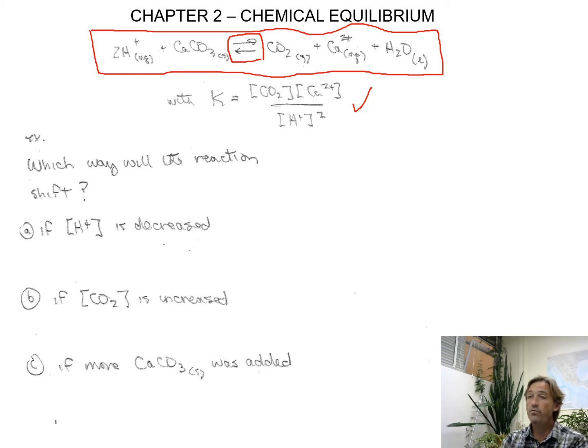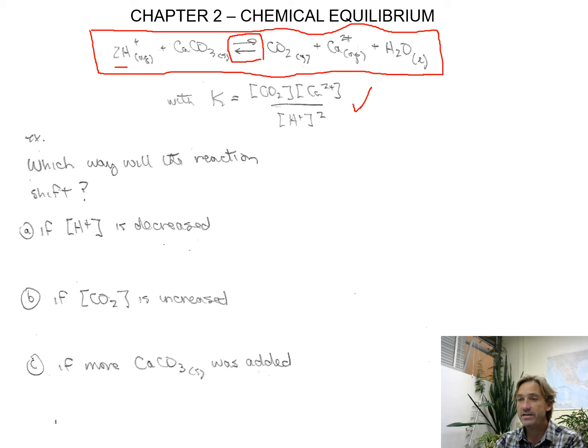So if we neutralize some of the acid here and take it out of the system, how will the system shift to get back to equilibrium? And so if we remove H+, we're removing some of the reactant here.